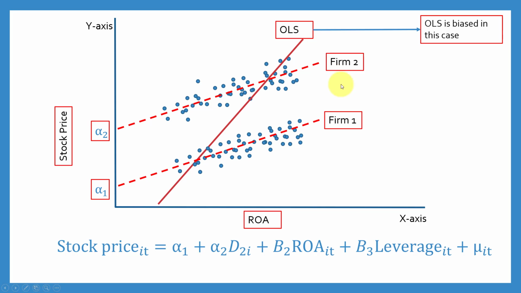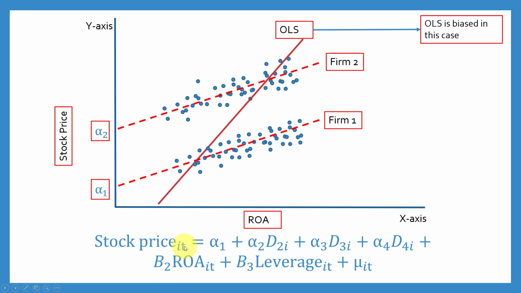If we had two firms, as I have depicted in this graph, then we would just have a single dummy, and the omitted category would be in the alpha. Or if we have four firms, then we would have three dummy variables, and the omitted category will obviously go into the alpha.